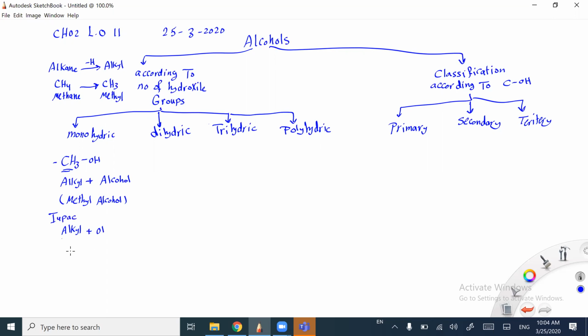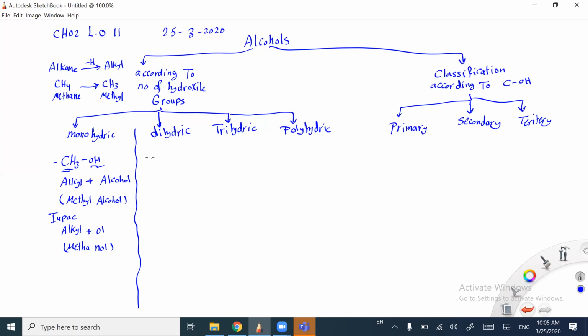So it will be methanol. This is monohydric since it contains only one hydroxyl group. The second one, dihydric, contains two hydroxyl groups.